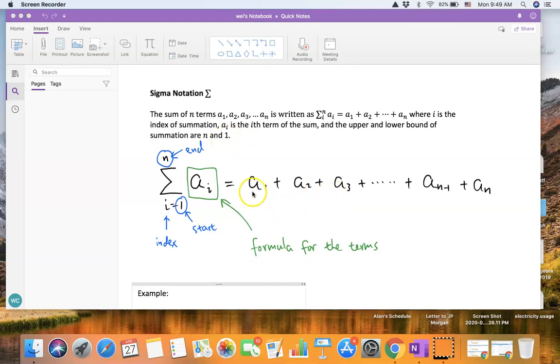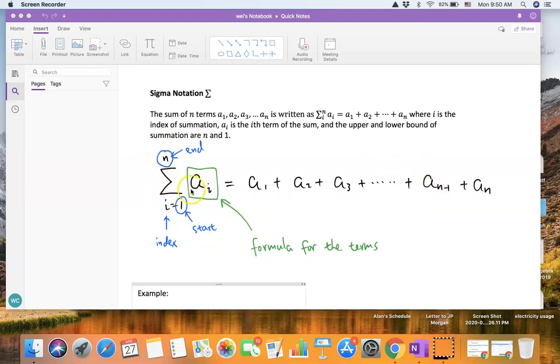So this definition shows us, when we have a sum of n terms, we can use this symbol to represent this sum.